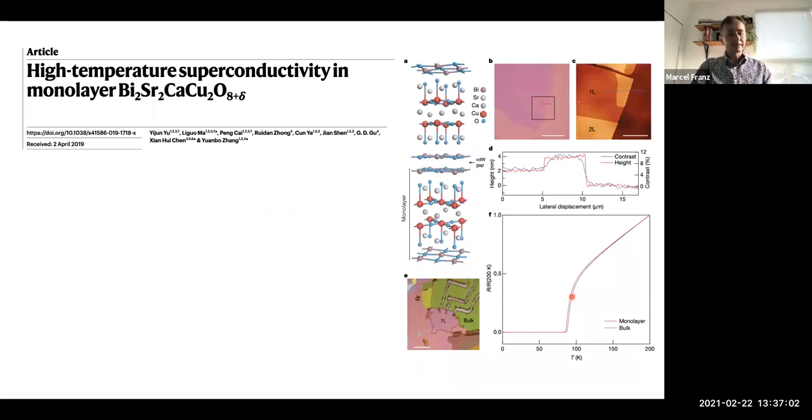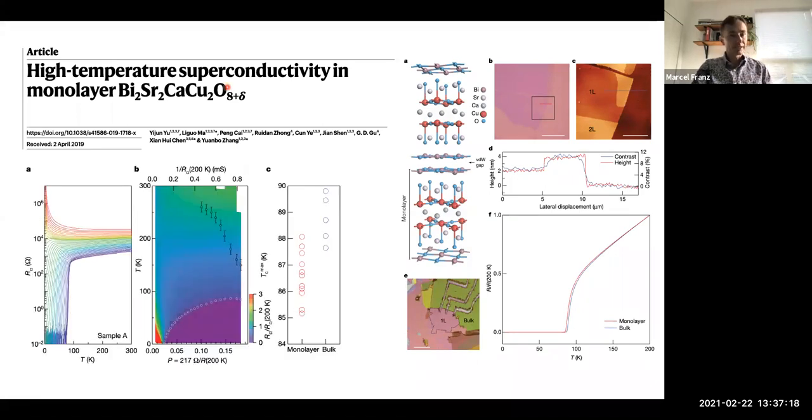Now, this is not merely fantasy. As of last year, these monolayers of BSCCO, a high TC superconductor, actually exist and have been measured in this fantastic series of experiments by Yuanbo Zhang's group, published in Nature 2019. What's fascinating is that it has apparently been a long route towards exfoliating single layer high TC cuprate, and there are some tricks, just like with graphene, to make it work.